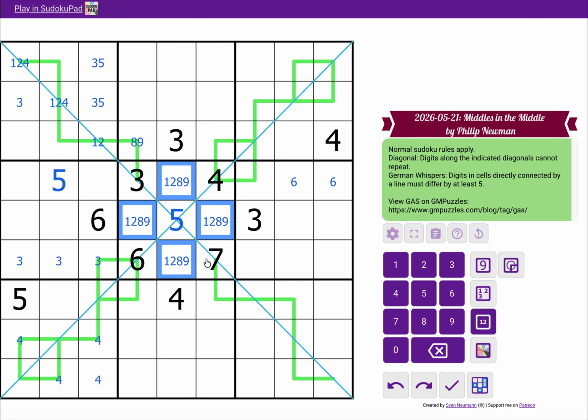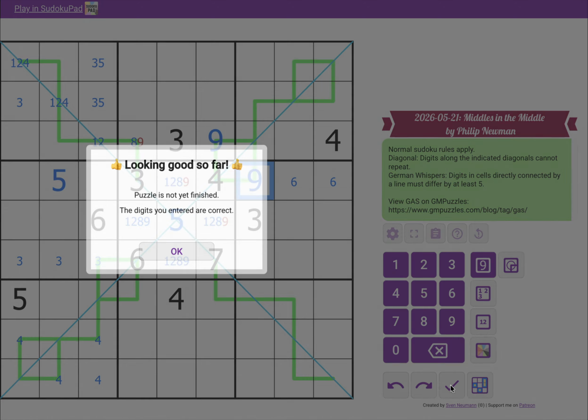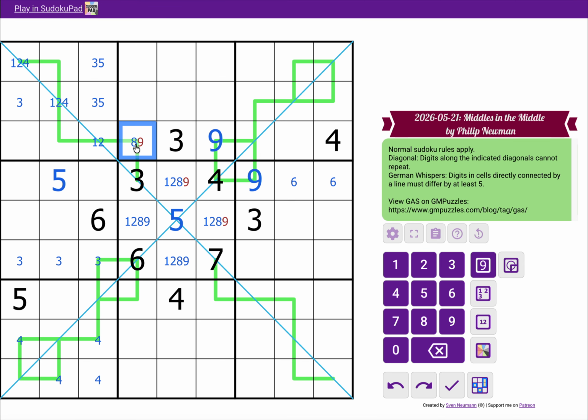And they're non-diagonals. Okay, so next to the 4, you can only have 9 on the German whisper line. Because, yeah, it only has one partner. So it's got to be 9 here and a 9 here. I want to check that. Yeah, that is correct. And so the 9 is not going here because we just placed it. And no 9's here.